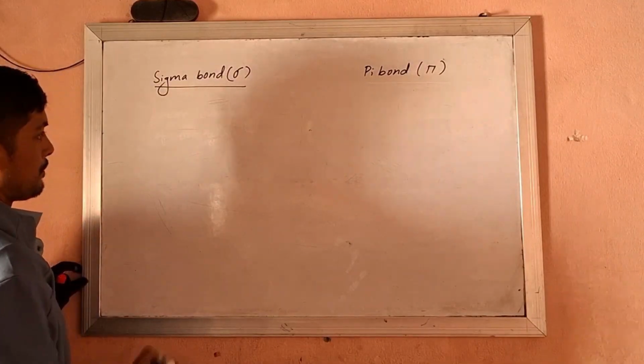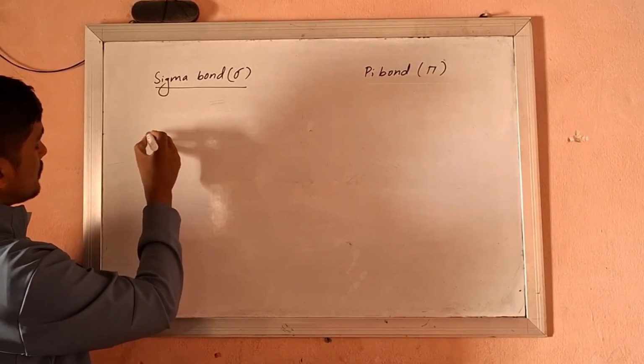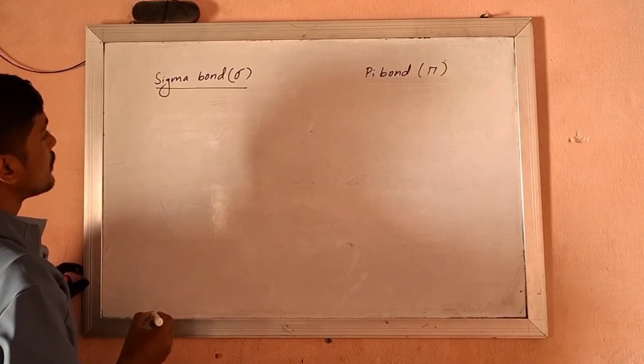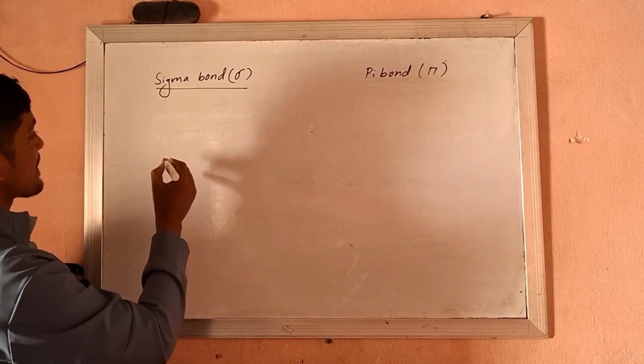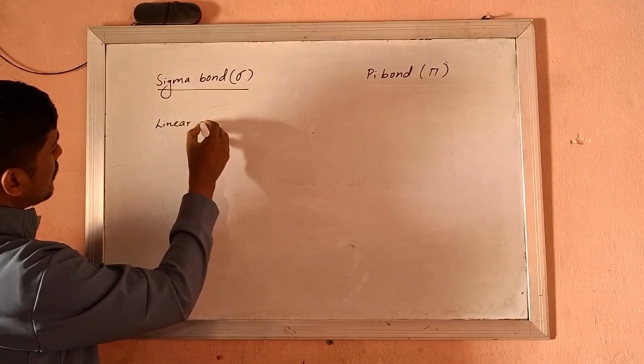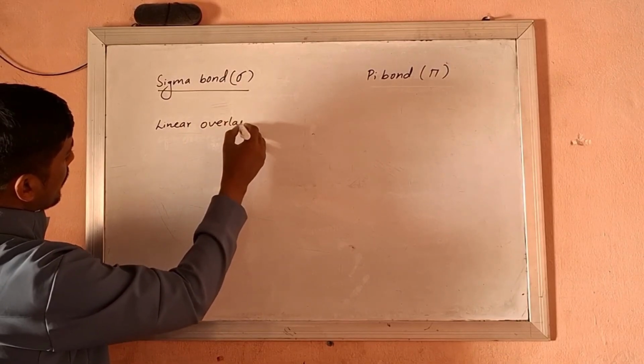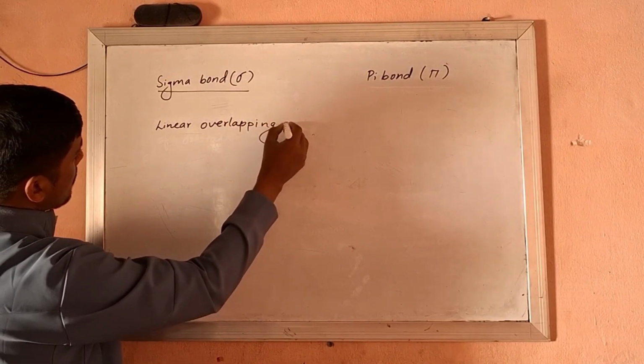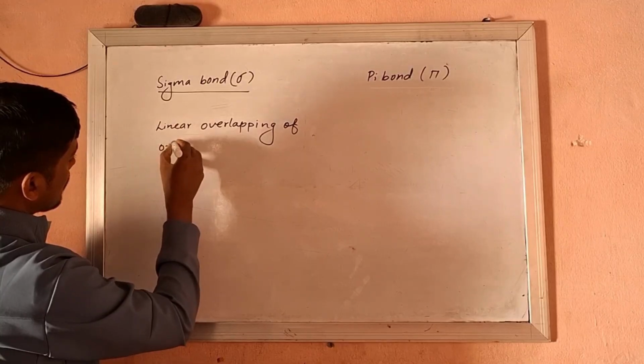In a sigma bond, the bonding between two atoms takes place due to the linear overlapping of orbitals.